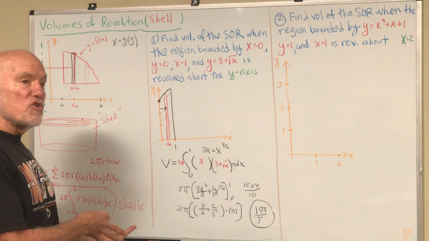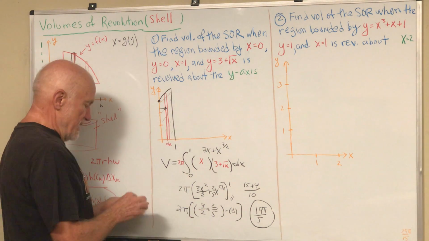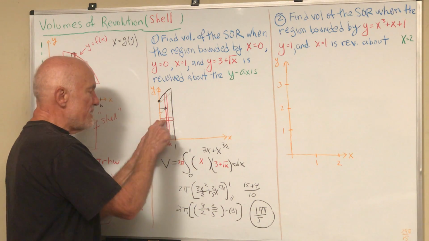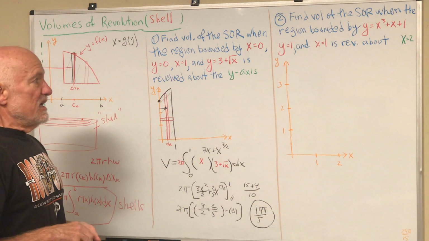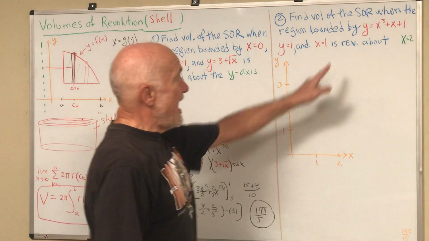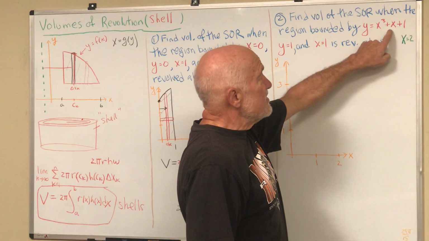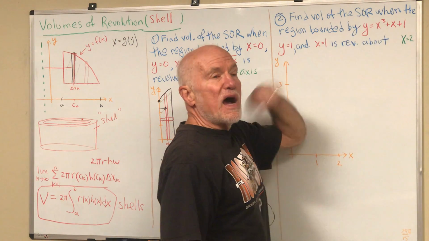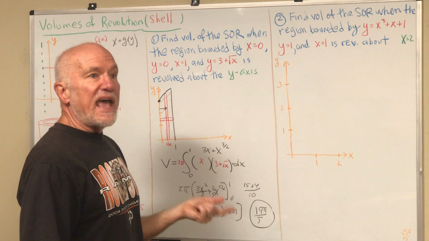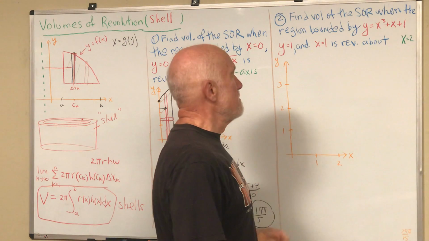So easier to do by shells, but we could have done it by discs. Because if we had made our rectangle on the side, it would have been right up against the axis. So let's do another one over here, where I have y as a function of x, and I cannot solve for x as a function of y. Therefore, no matter what I'm doing, I have to make my rectangles up and down, vertical.